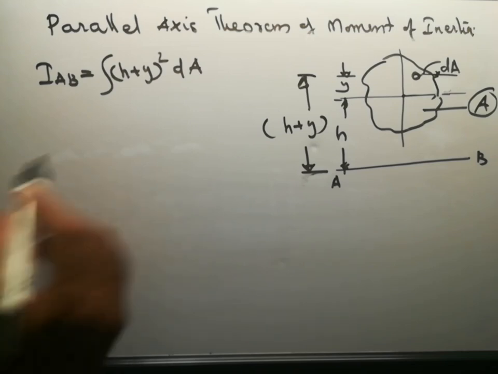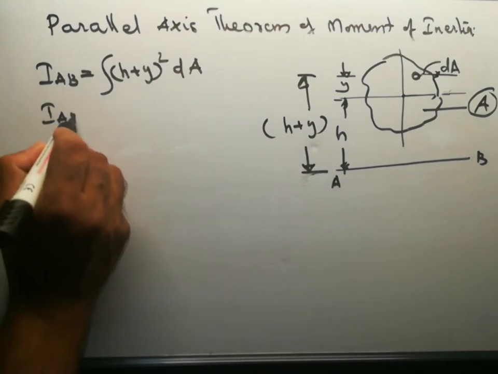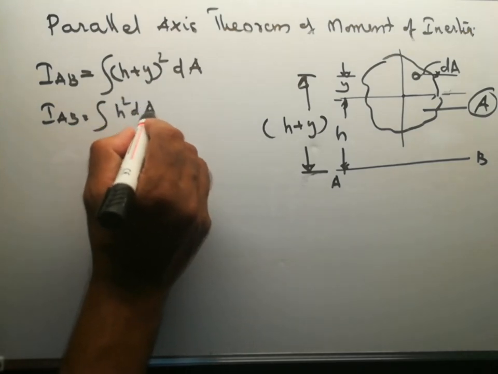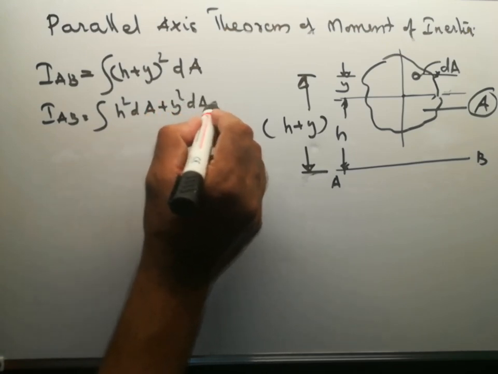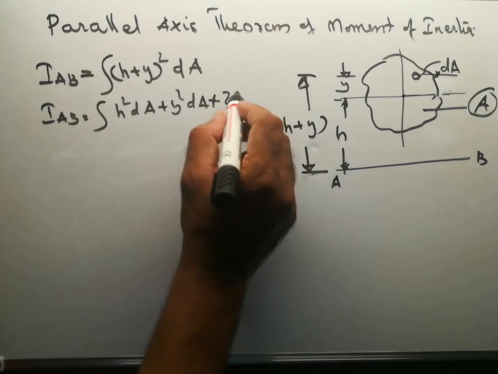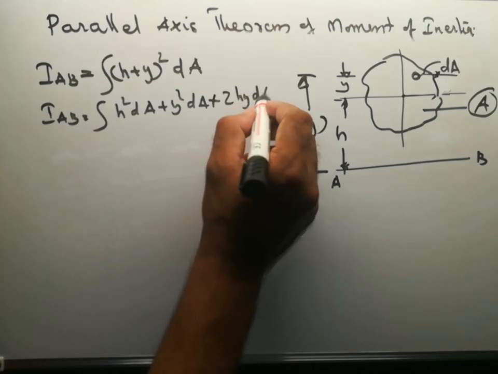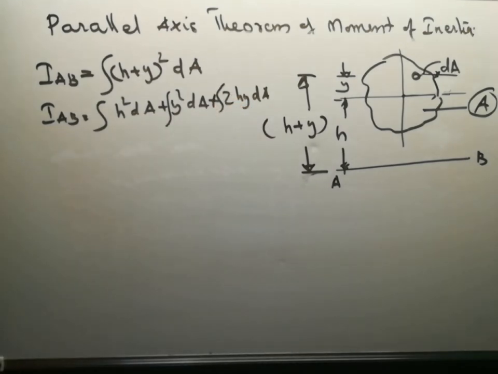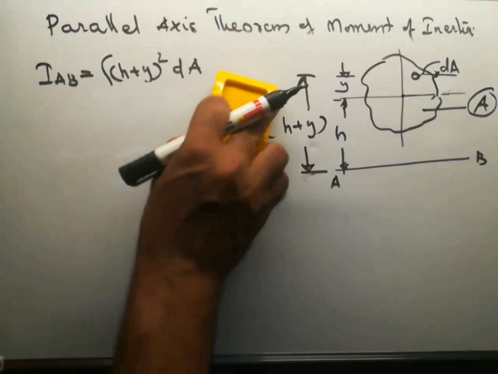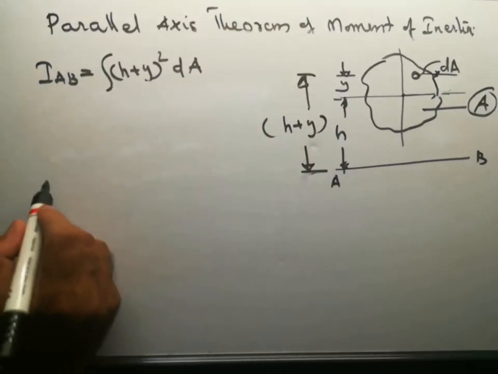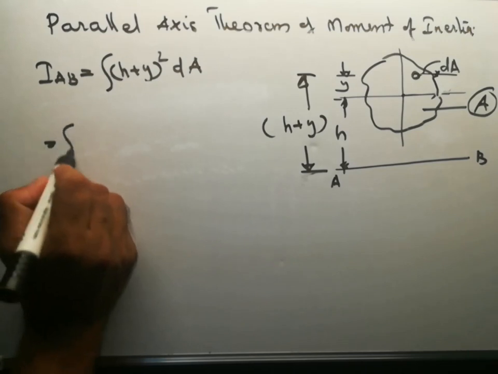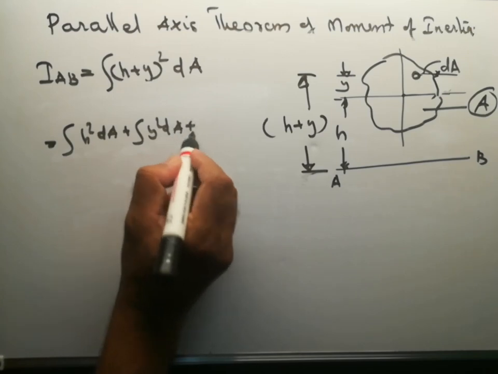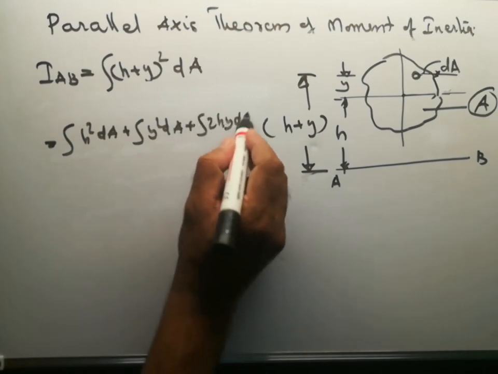Now, when we expand this, we will get IAB equal to integral h square dA plus integral y square dA plus integral 2hy dA.